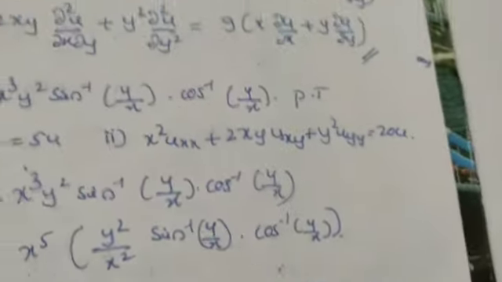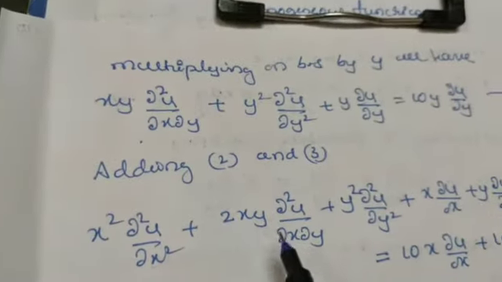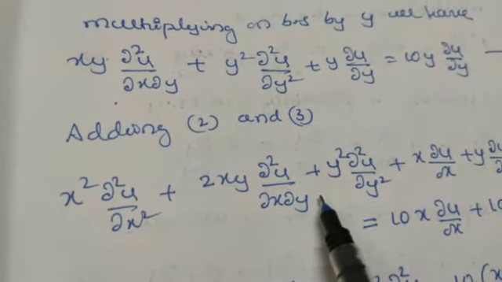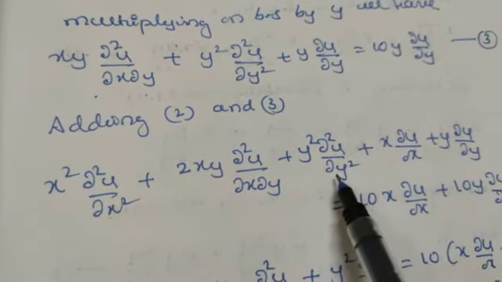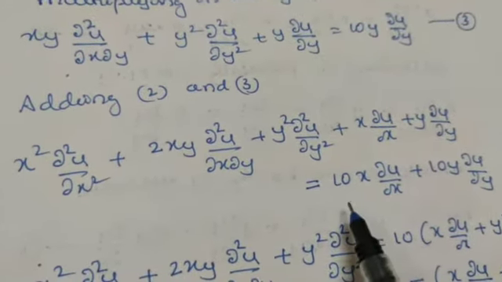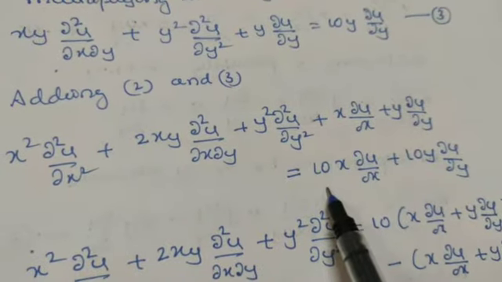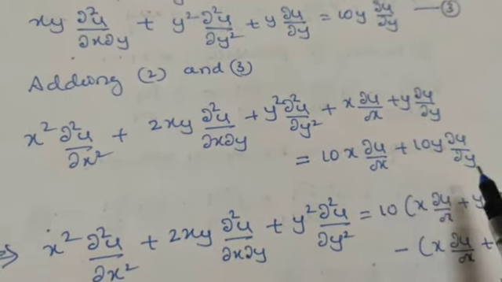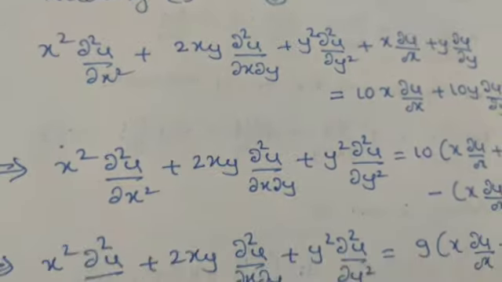In equation 2 we also have xy dou 2u by dou x dou y, and similarly plus y square dou 2u by dou y square and plus x dou u by dou x plus y dou u by dou y is equals to, adding the RHS, you will get 10x dou u by dou x plus 10y dou u by dou y.